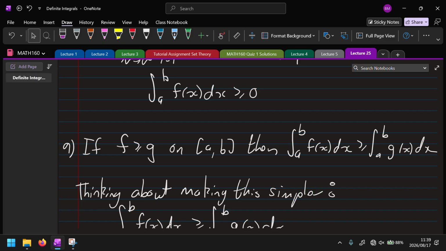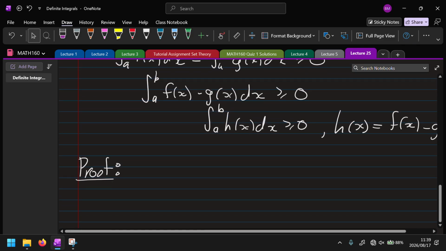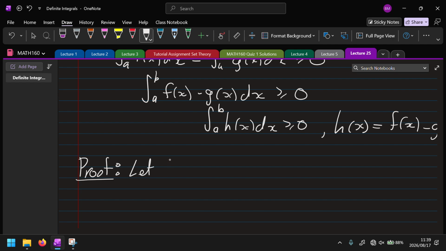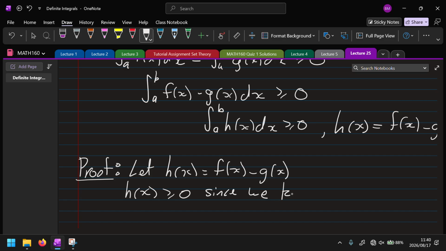So yes, that is positive. So we're going to let h of x be f of x minus g of x. Now, this has to be positive for us to use the proof, and it is because we know f is greater than g. Right, that was given to us, f is greater than g.